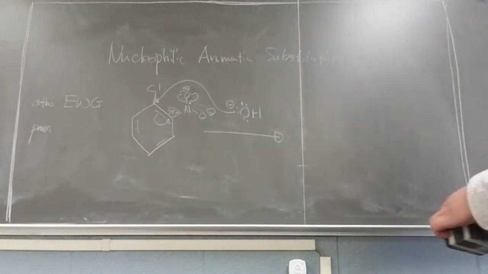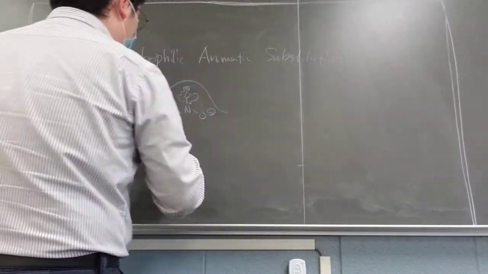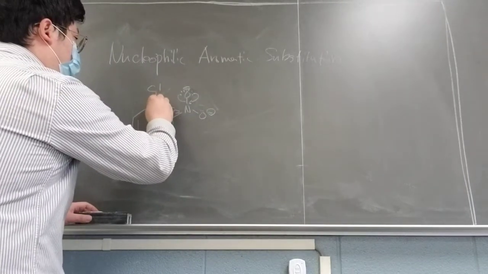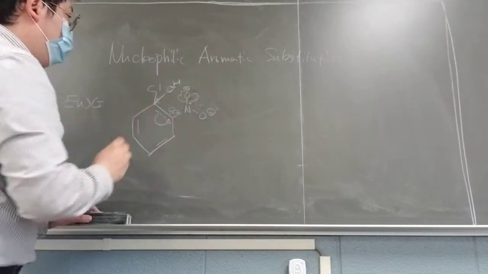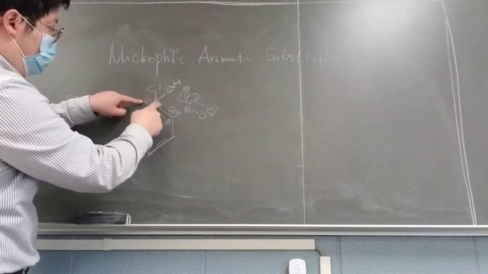So let's do this one by one. So what happens to this one? So let's say we have this one, right? So you have this one. So this is a negative charge, 1, 2, 3, 4, 5.